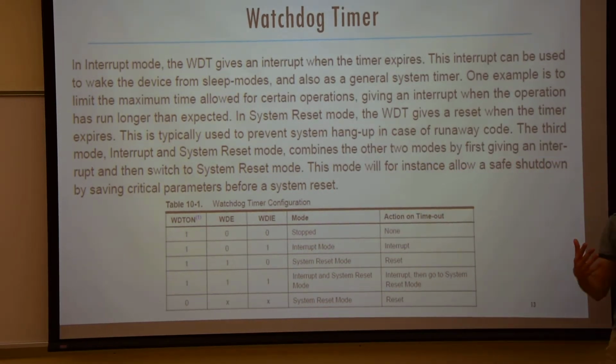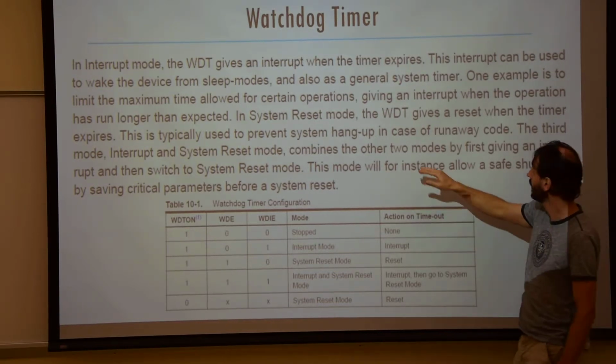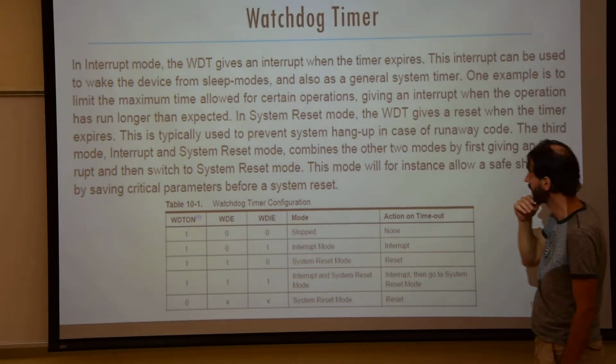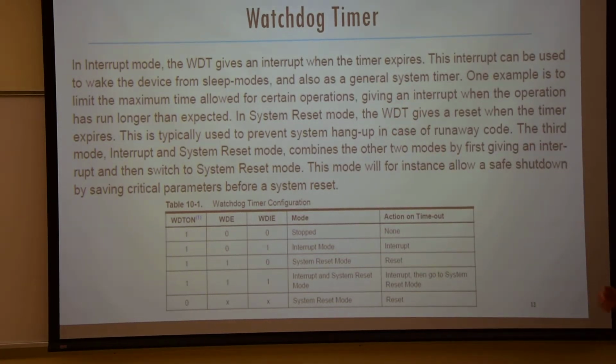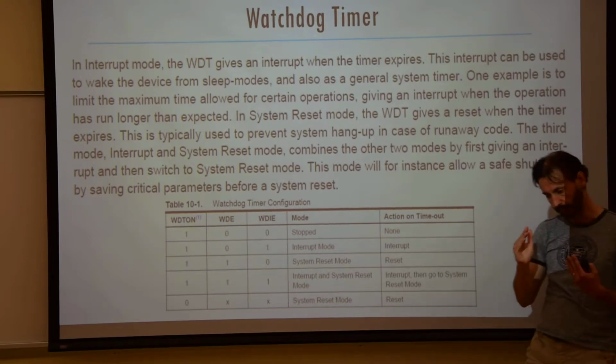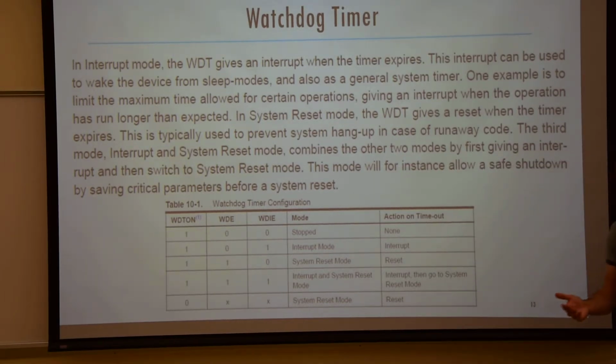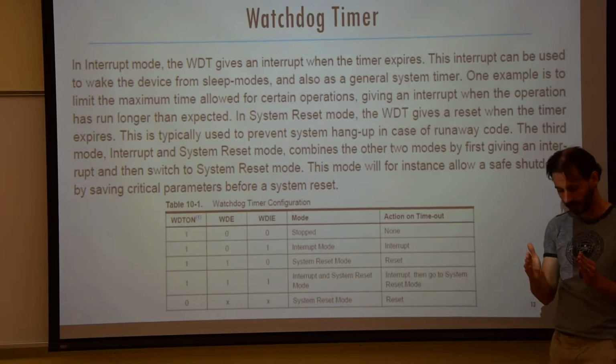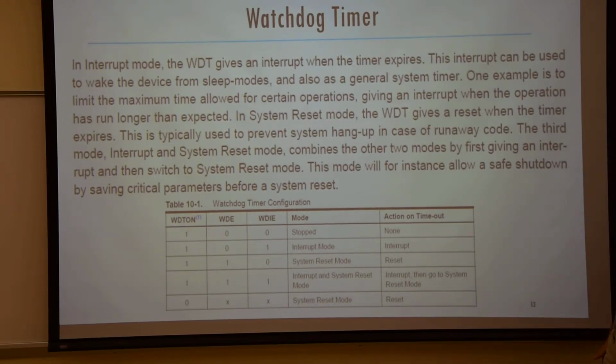because the watchdog timer keeps on being functional, even if you go into some sleep mode. And you can also use this as a general system timer to wake things up, whatever you want to do. So the watchdog timer you've programmed expires, say, in exactly 2 seconds. Well, that may lead to an interrupt corresponding to the watchdog timer, and with that you can do something specific. So it's another accurate clock that you can use.